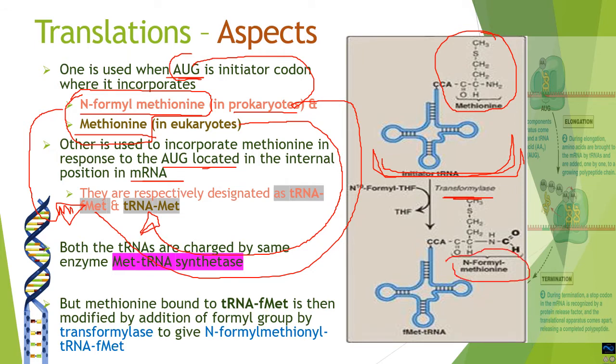It utilizes the formyl group from 10-formyl tetrahydrofolate, which acts as the donor of the formyl group. This formyl group acts as a barrier against the degradation of the first methionine residue, and also acts as a tag for the start of the polypeptide.